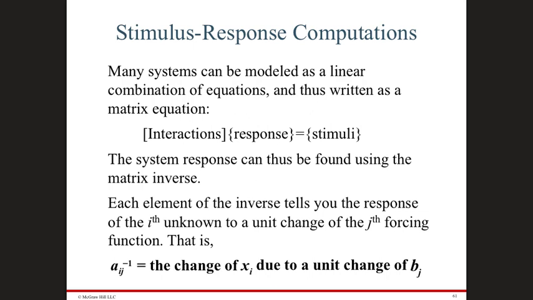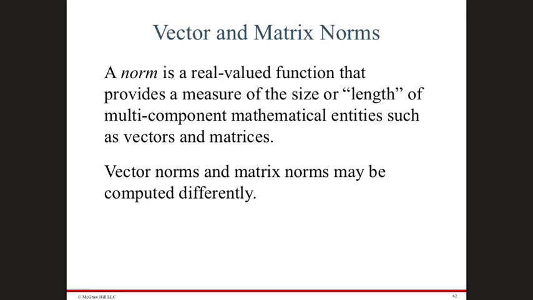And using this representation, you can calculate numerically the output that comes from a particular system by simply solving the set of linear equations for different values of B, for different inputs, for different stimuli. If someone pushes this button, what's going to be the output? If someone increases the pressure on the process and reduces the flow, what's going to happen?